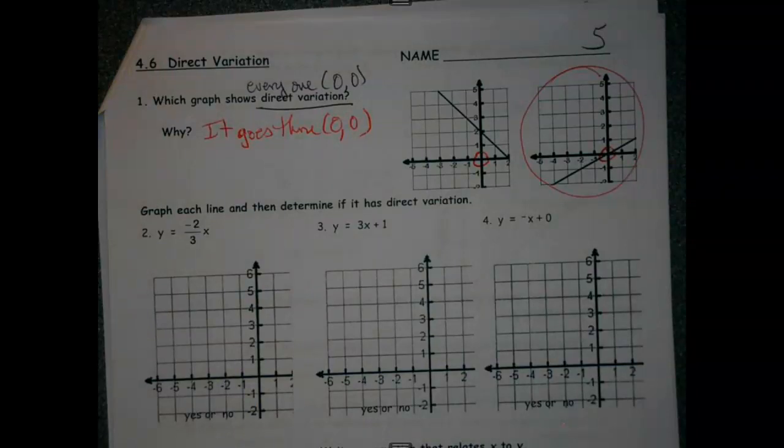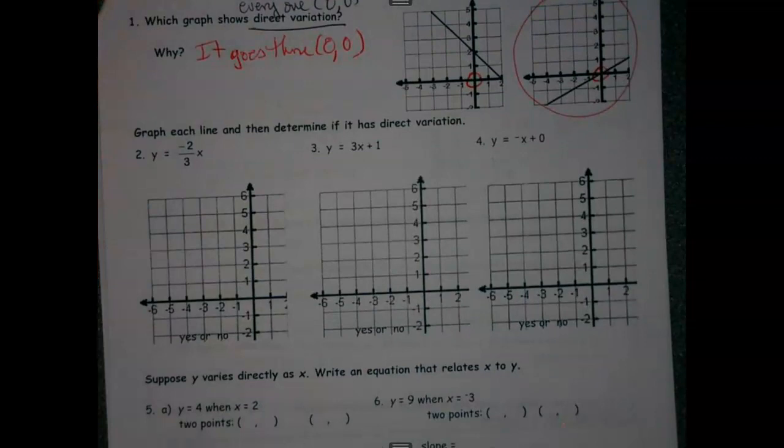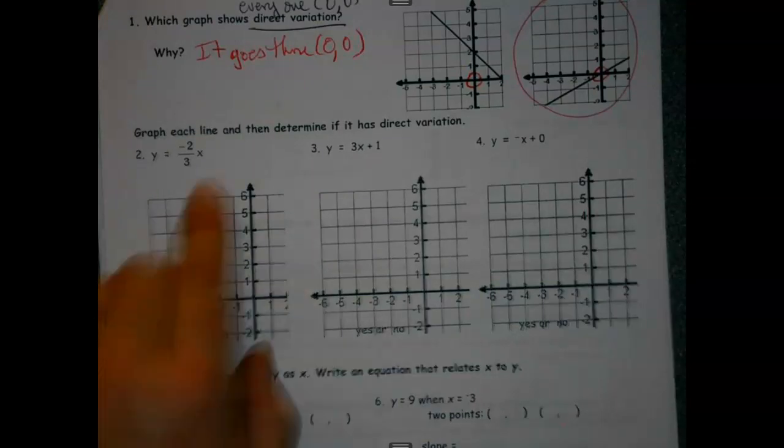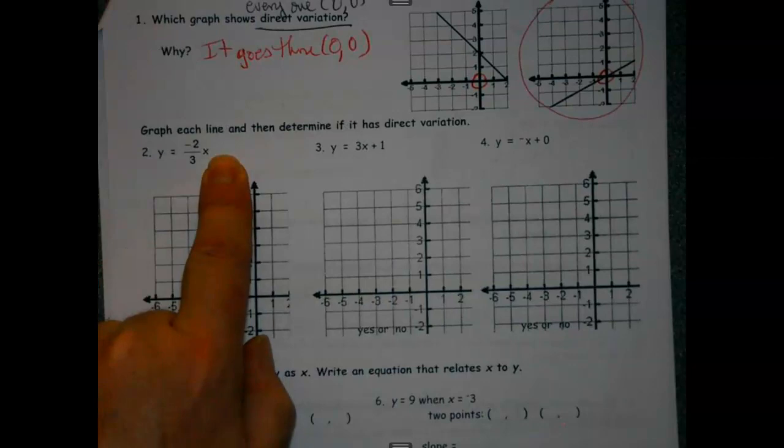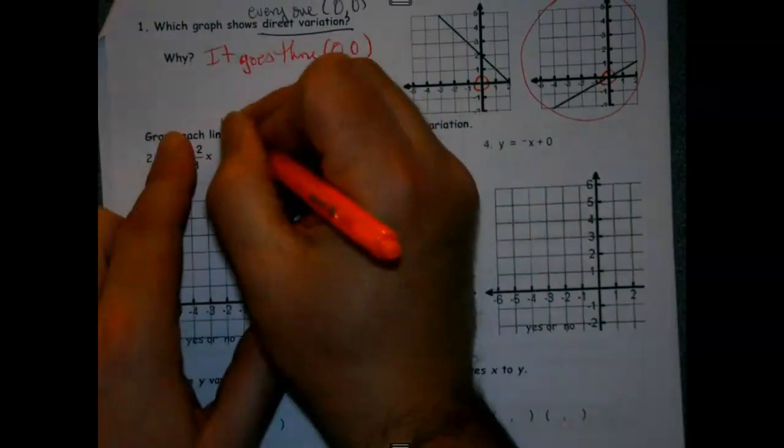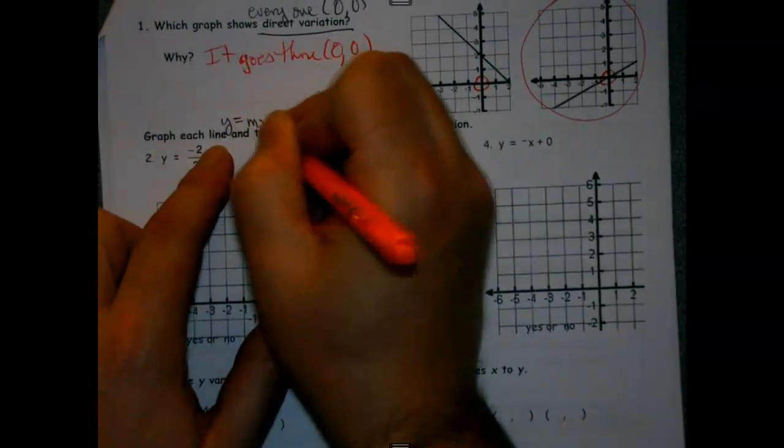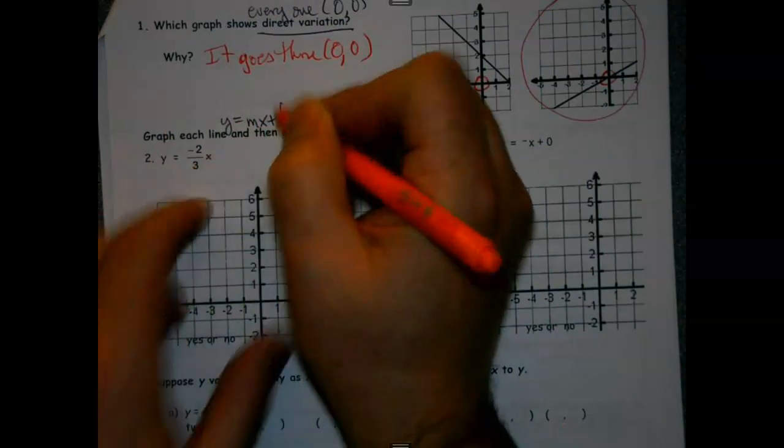Telling you, this is going to be a straightforward lesson here. So then you're like, okay, well, what about graph each line and then determine if it has direct variation? Okay. So these are in y equals mx plus b. You're like, wait a minute though. Artie, there's no b. If there's no b, what is your b? 0.